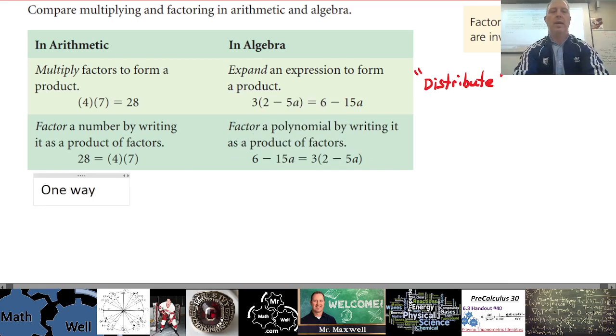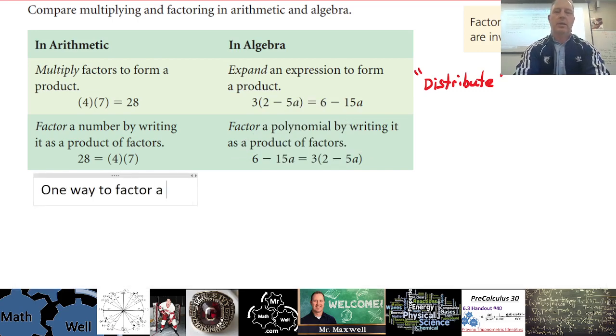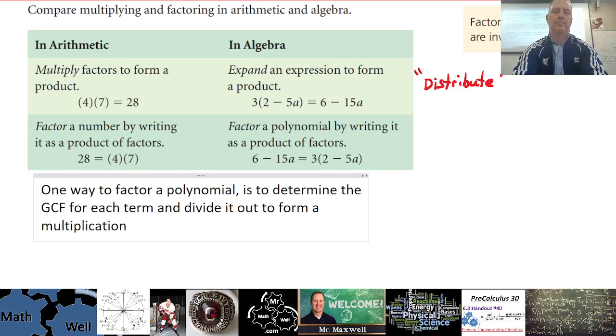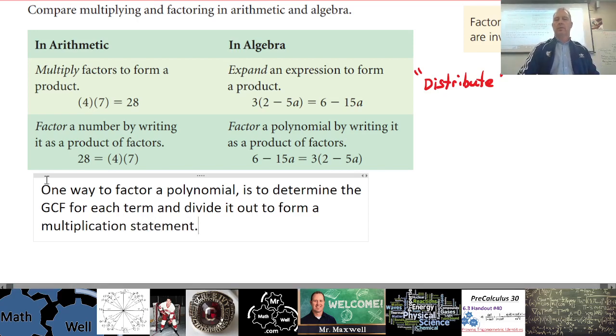One way to factor a polynomial is to determine the greatest common factor, the GCF, for each term and divide it out to form a multiplication statement. Okay, and I'll give you some examples of exactly what I mean there.